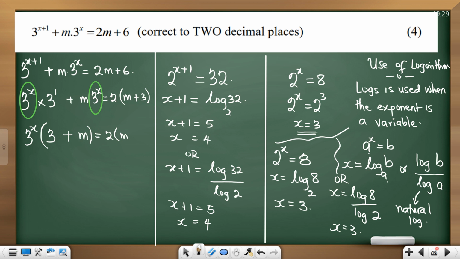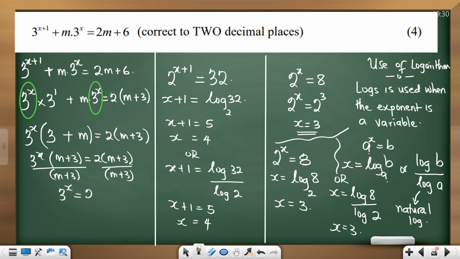Check this, examiner. Beautiful. Divide both sides by 3 plus m. Psst. We are done. All right? This is m plus 3. It's the same thing. M plus 3. If I divide both sides by m plus 3, mathematically, what do I have? 3 to the power x.